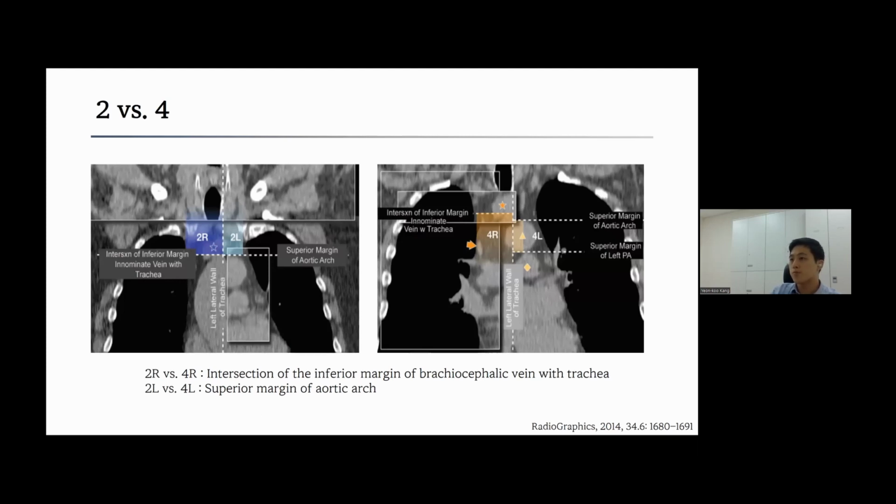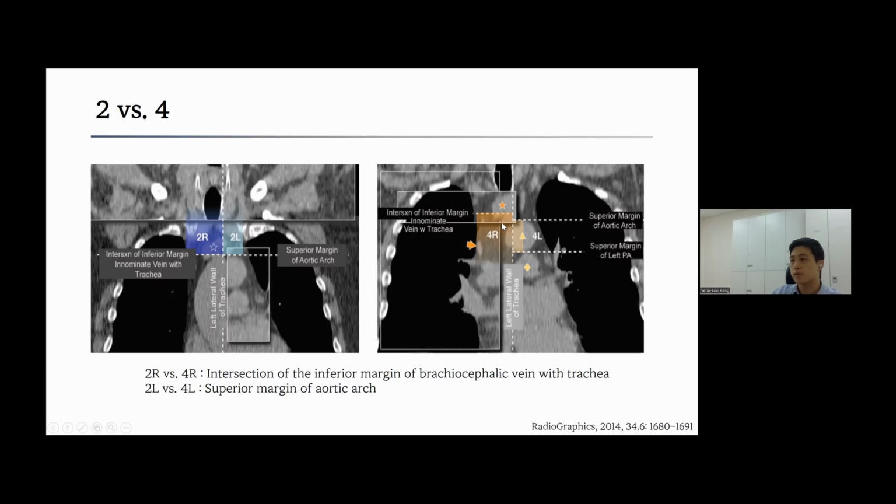The differentiation between station 2 and station 4 is not essential for staging, but should be kept in mind for accurate and consistent reporting. The boundary between 2R and 4R is the intersection of the inferior margin of the innominate vein with the trachea.